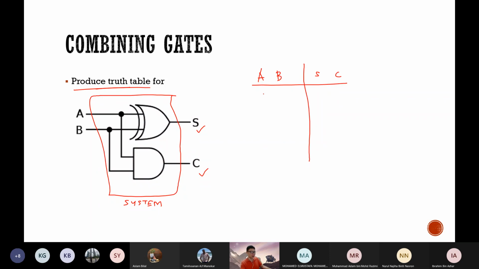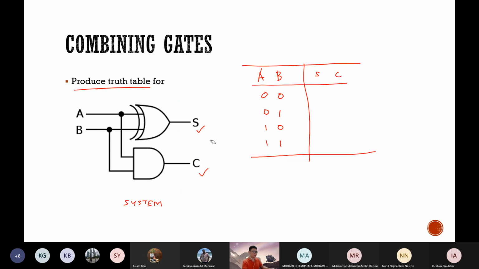All right. So what are the possible combinations of inputs? So for A and B, as usual, we can start with 0, 0, and then we can go to 0, 1, and we go to 1, 0, and we can go to 1, 1. Okay, so now let's try to produce the output for this. Okay, so let's try.